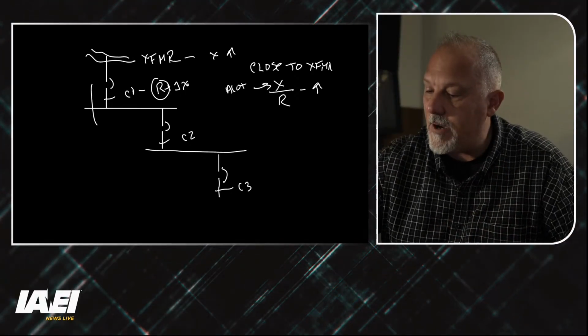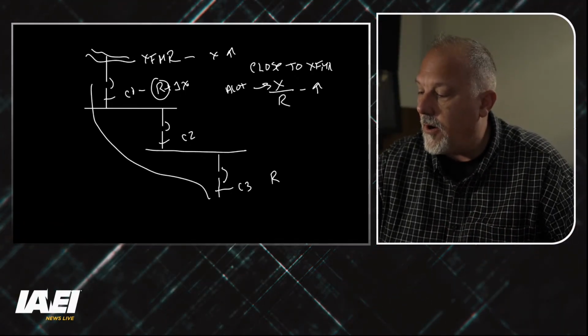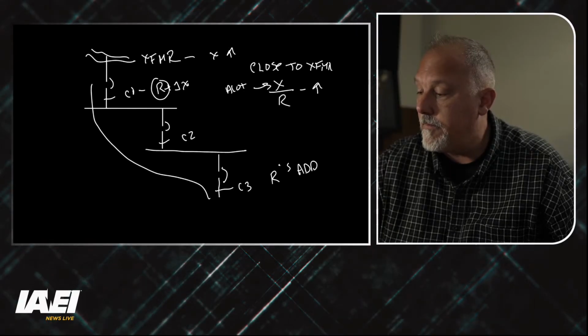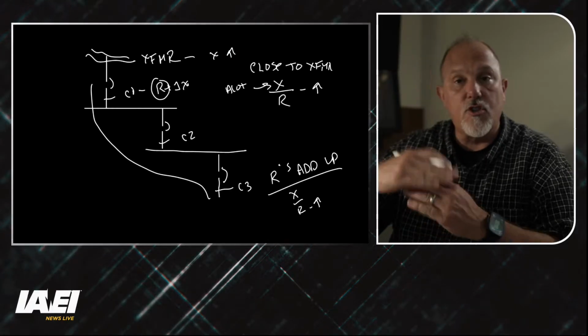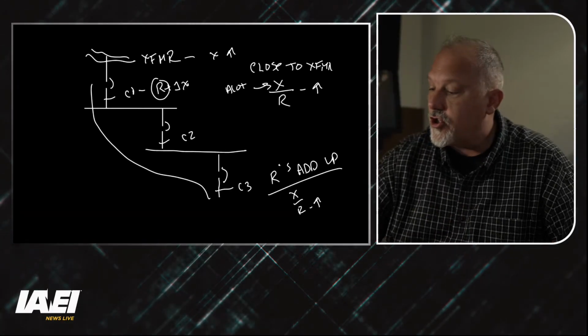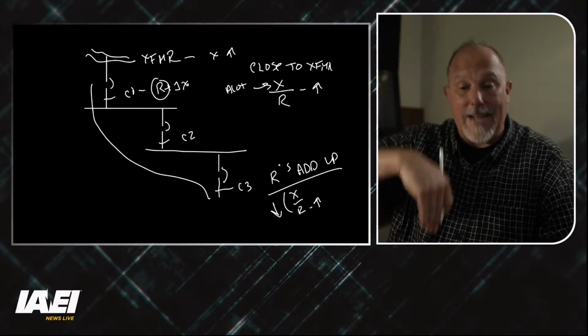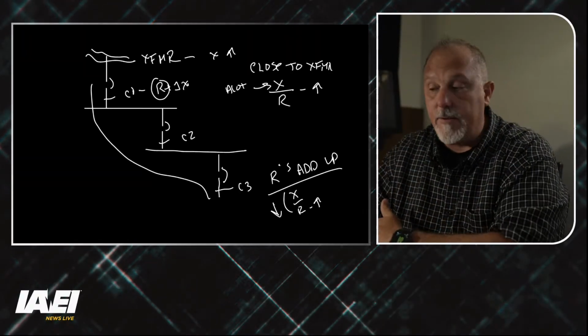As I go down in the system, the R's add up, and my R starts to encroach higher, so my total X to R will go down as I get further down in the system.